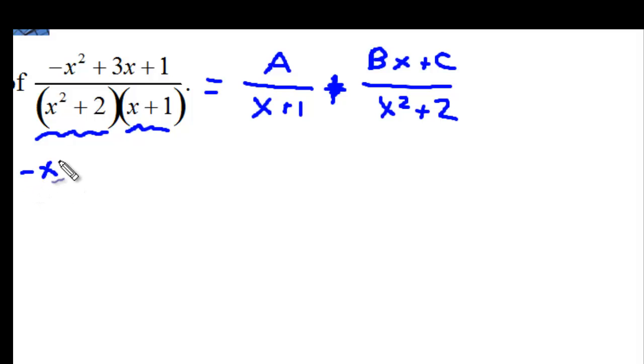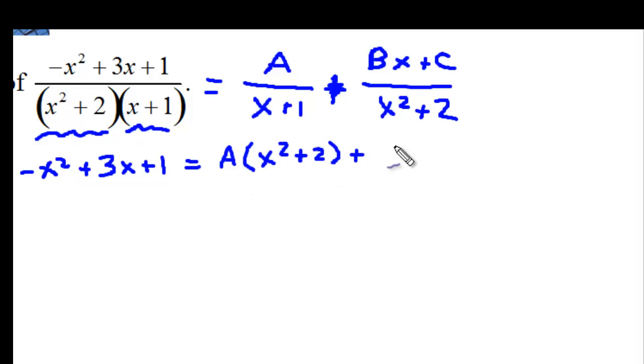We need to get rid of the common denominator. So this will be equal to a times x squared plus 2 plus bx plus c times x plus 1. Now we pick our x's, and let's start off with getting rid of this one here. We'll solve for a by picking x to be -1.